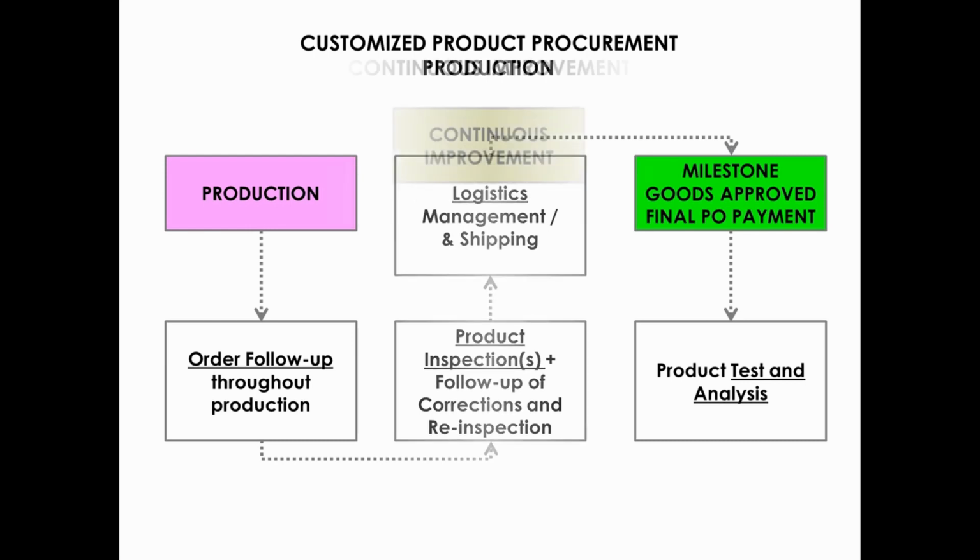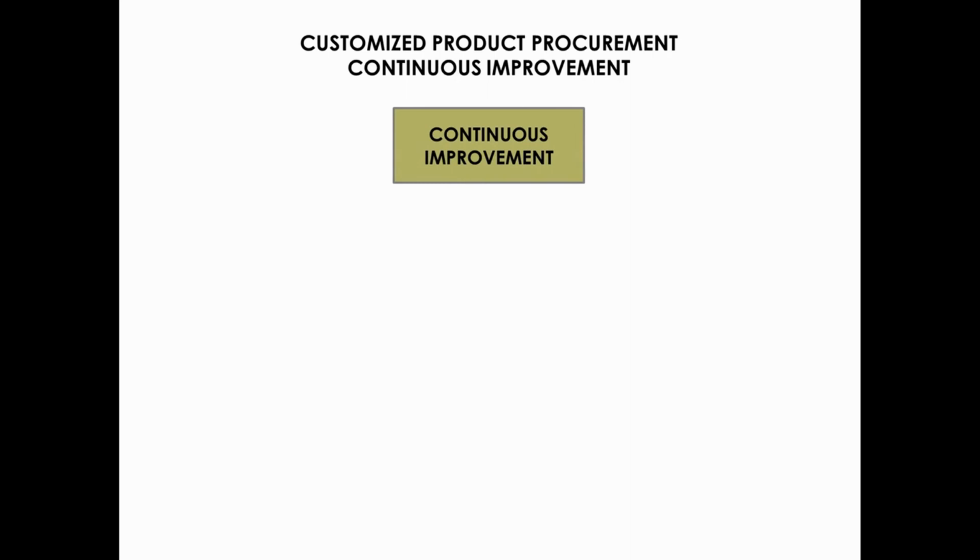The final phase of the process is continuous improvement. This phase is all about working with your supply partner and improving every aspect of the business, from production through to process and procedures, as well as building the overall relationship and the partnership.